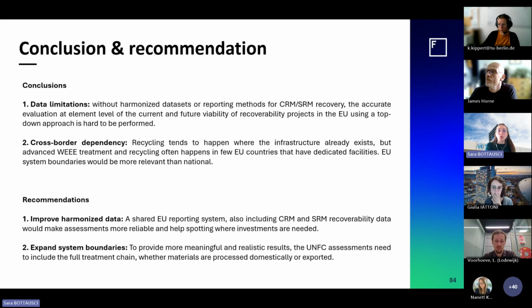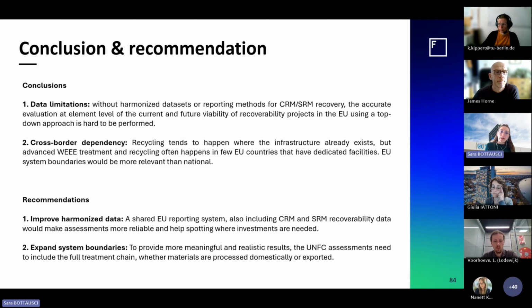And so our work was also to try to harmonize the data that we gathered. And also, more importantly, we noticed the lack of critical and strategic raw material recovery data reporting. So if we want to extract a recommendation from this exercise, it would be to aim to have a more harmonized and shared European reporting system that is also able to account for critical and strategic raw material recovery data.